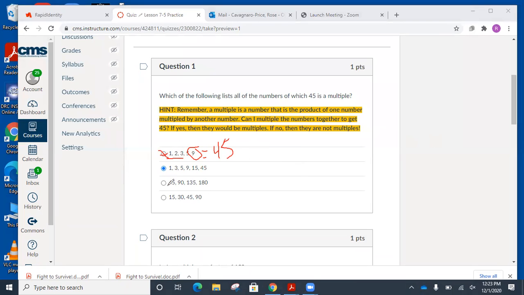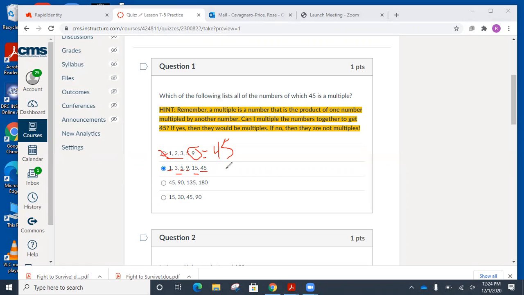So I have to go through and look at all of these to figure out what makes 45. Well, if I look here, I know that 45 and 1 definitely make 45. I just have to look at the rest of them and figure out, do these numbers make 45? 5 and 9, does that make 45? 15 and 3, does that make 45?